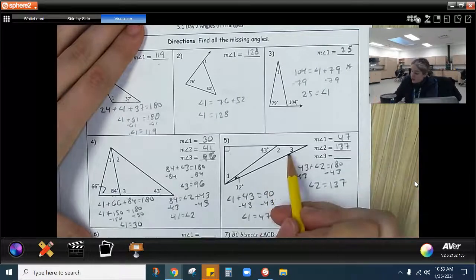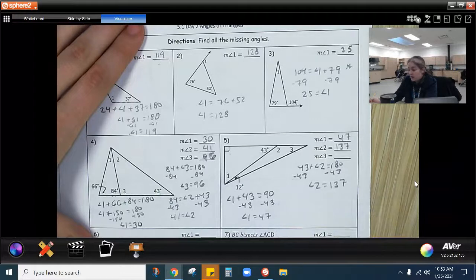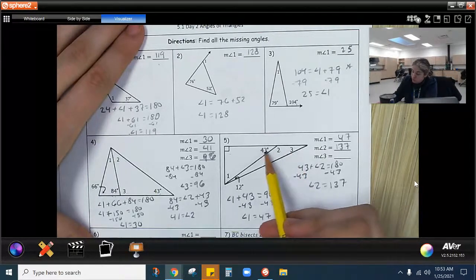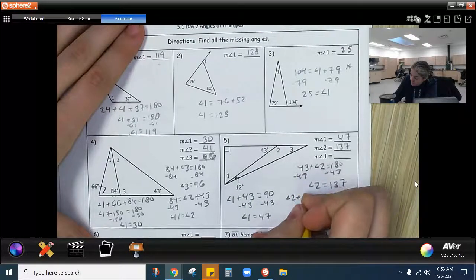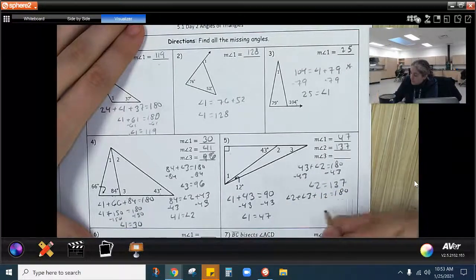And then our last one right here is angle 3. Again, there are many ways to do this. I'm just going to choose to add angle 2 and 3 and 12, because that makes 180.